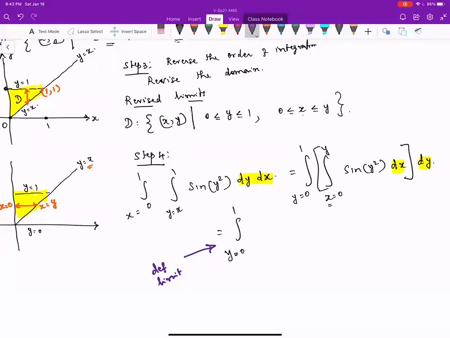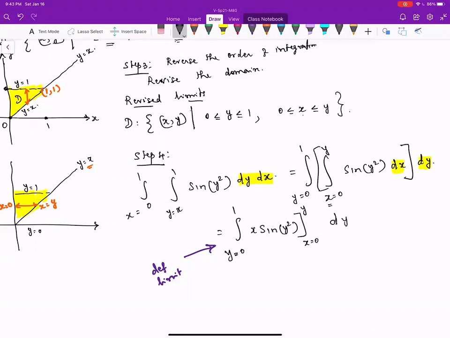When you integrate with respect to x, y and any function of y is a constant. So sine of y square is a constant, times x, the integral of 1, which is x. You are integrating with respect to x. Now you plug in the limits x equal to 0 to x equal to y.